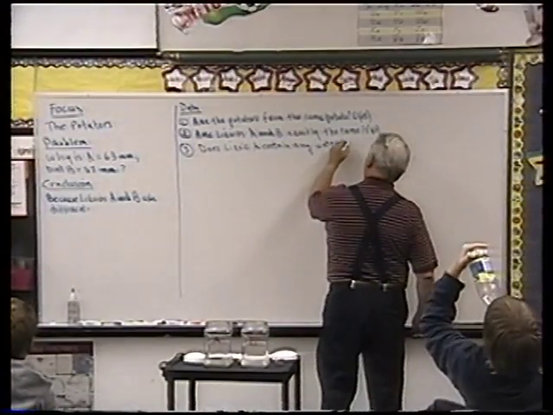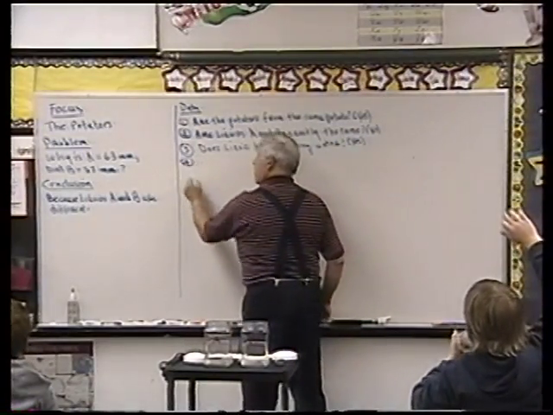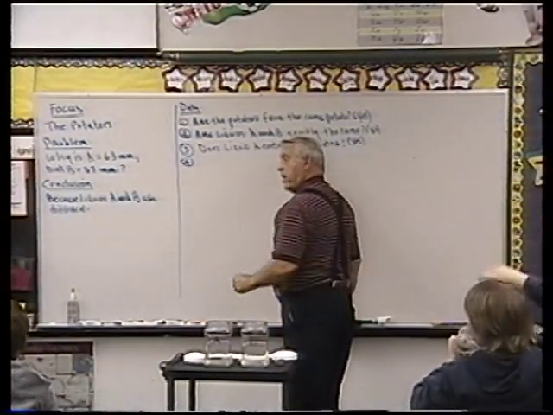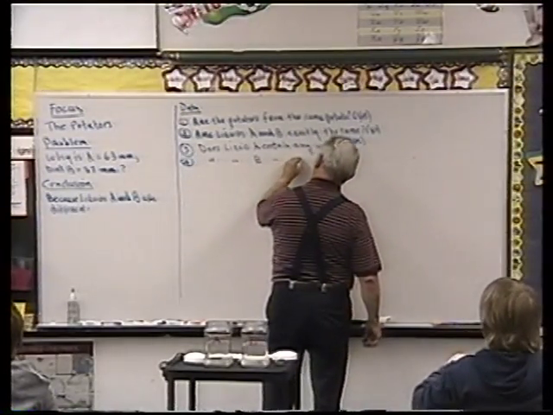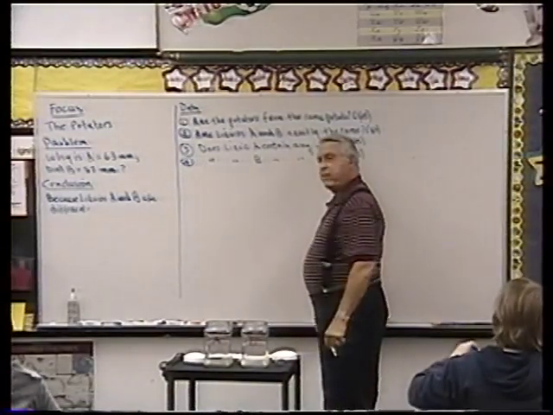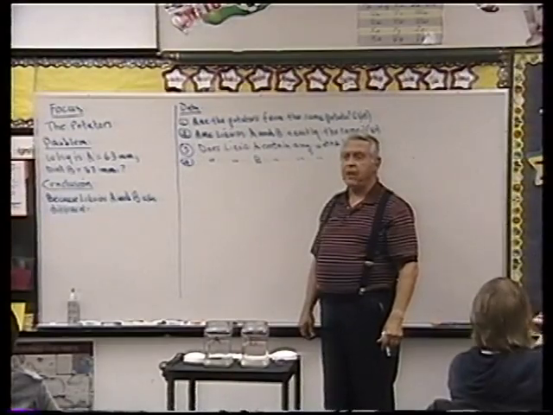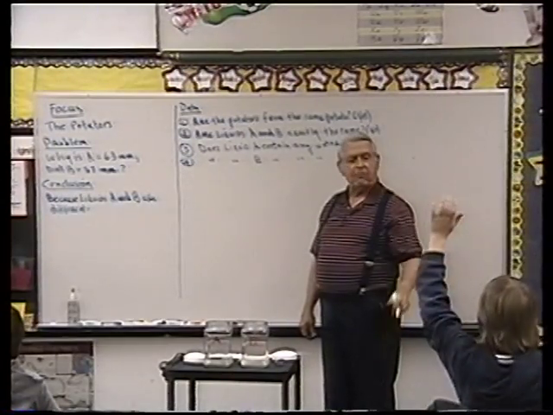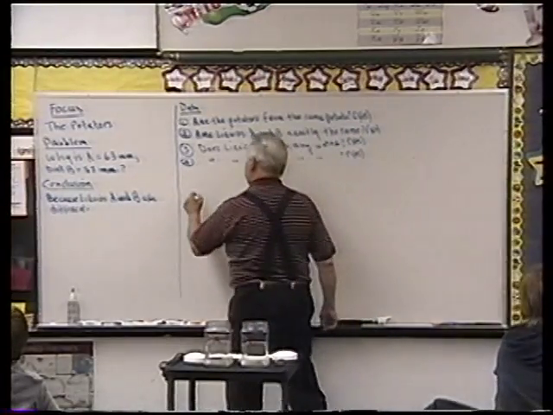Does liquid A contain any water? Yes. All right, who knows the control question for 3? Control, Jackie. Does liquid B contain any water? Yes. Is water the manipulated variable? Why isn't water the manipulated variable? Because they both have it. They both have it. Okay, good.